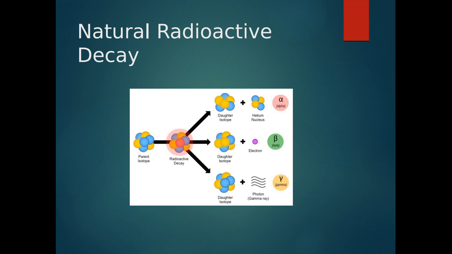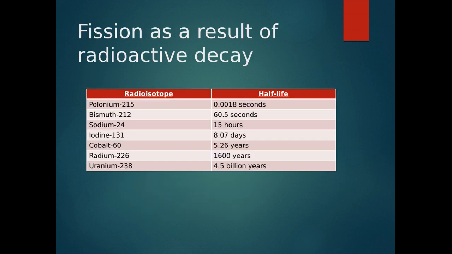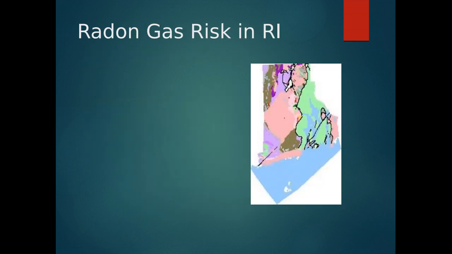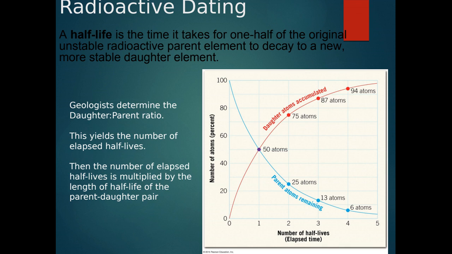And the principle is how the parent decays into the daughters, in a half-life, and that half-life is the time it takes half of the parent to turn into the daughter. And each subsequent cycle, it doesn't change. So in the first half-life, half of them will turn into the daughter products.